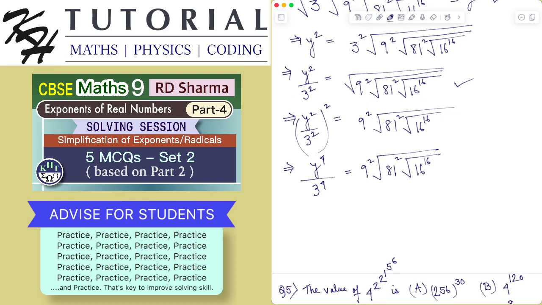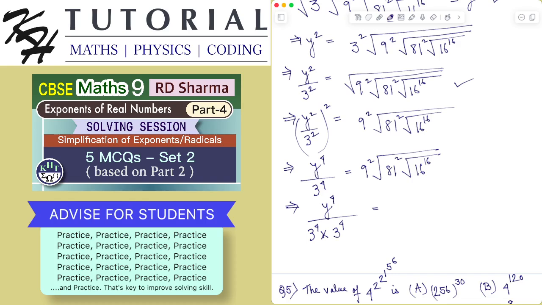Now again I will divide both the sides by 9 square. So I have y to the power 4 divided by 3 to the power 4 multiplied by 9 square, and 9 square is 3 to the power 4.